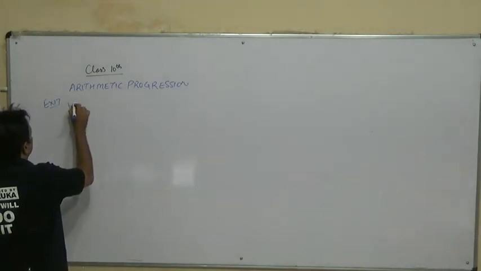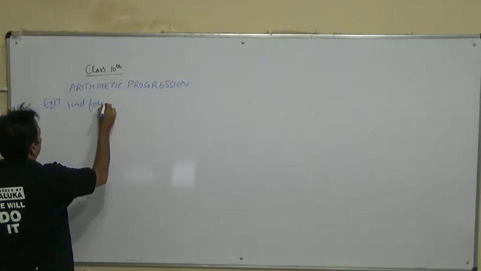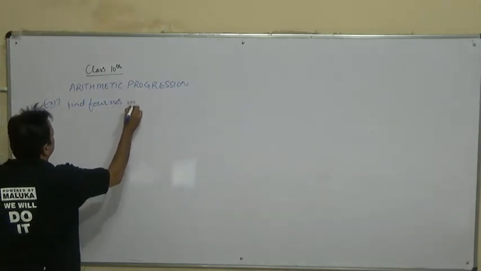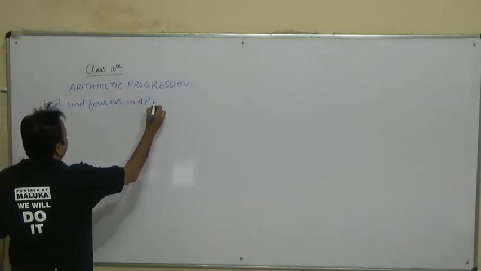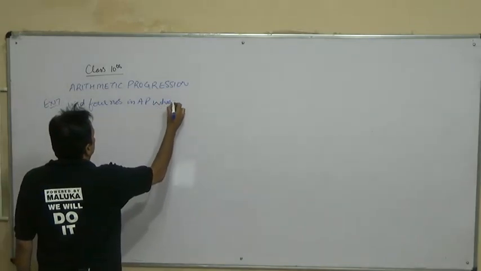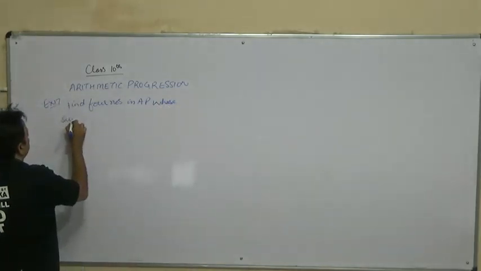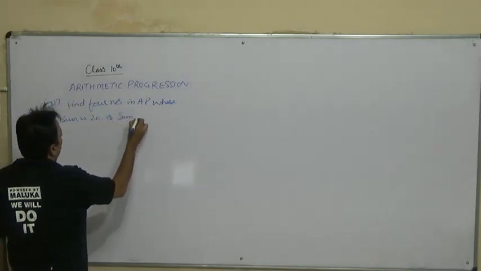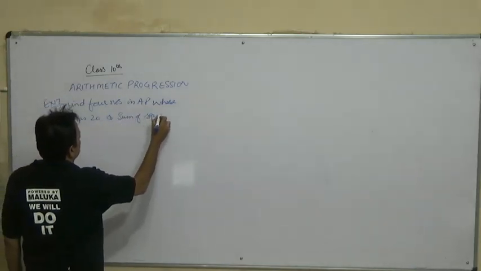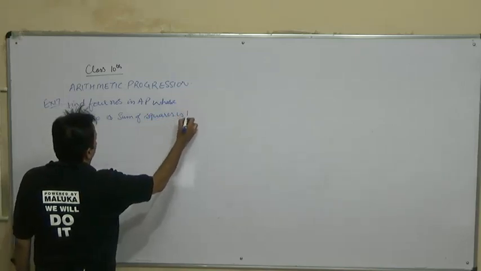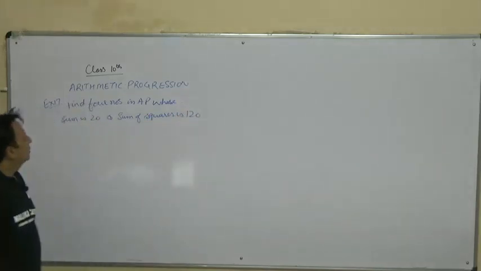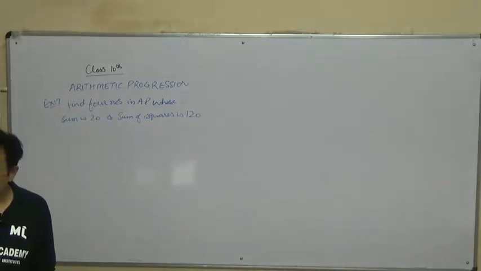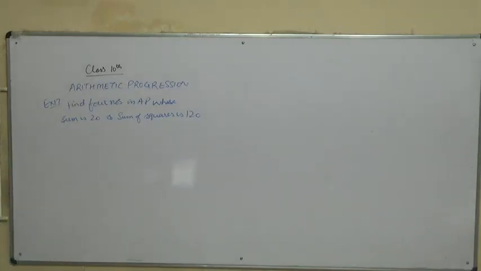Find 4 numbers in AP whose sum is 20 and sum of squares is 120. Okay, so we want to find the 4 numbers in AP.